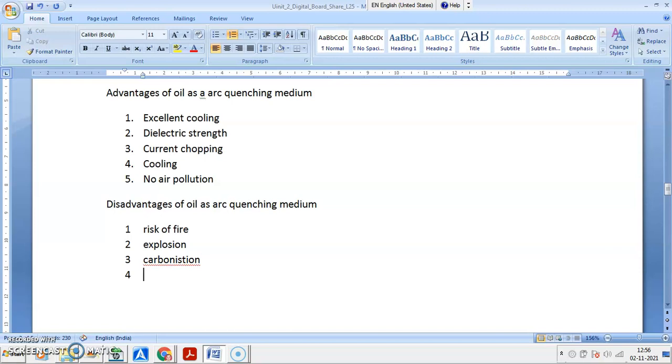Then regular maintenance is required. So these are some disadvantages. Of course, compared to the disadvantages, we have multiple advantages. So oil is used in circuit breakers for arc quenching.